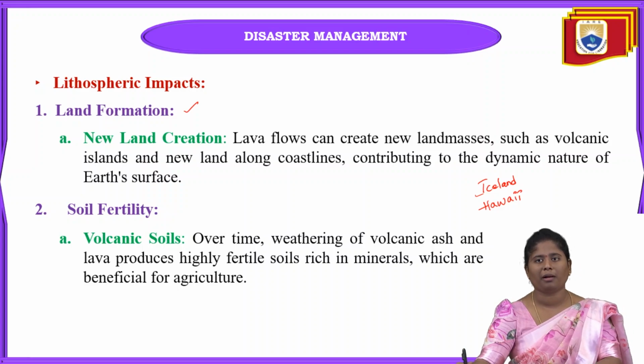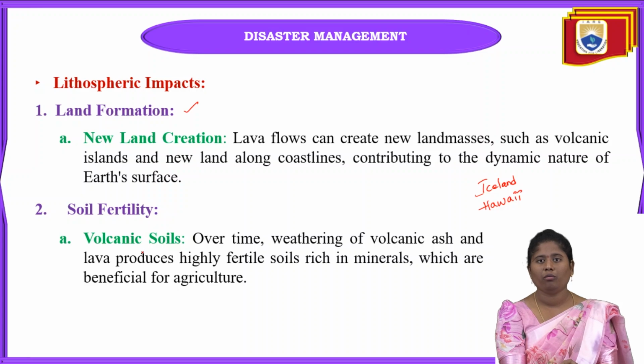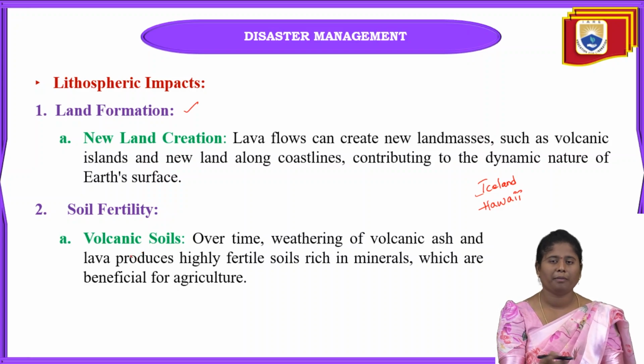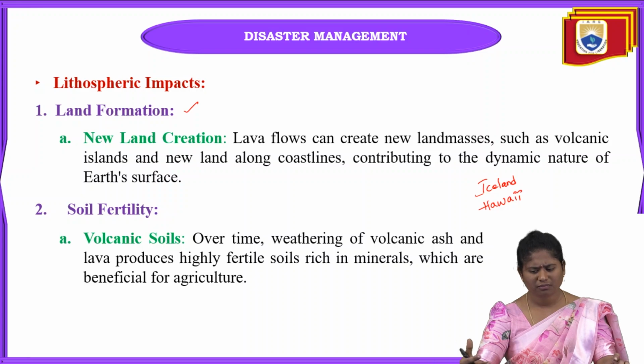And next is soil fertility, and this one is one of the positive things that come from volcanic eruption. Here, volcanic soils will be there. When any volcano erupts, it will release volcanic ash. When this volcanic ash and also some lava flow onto the earth's surface or into the soil, that soil will have very high fertility.